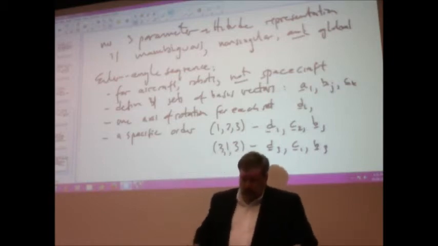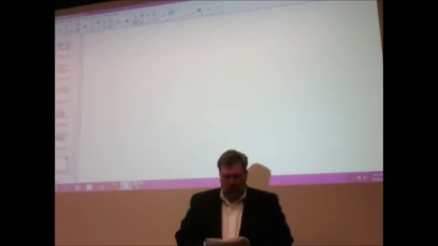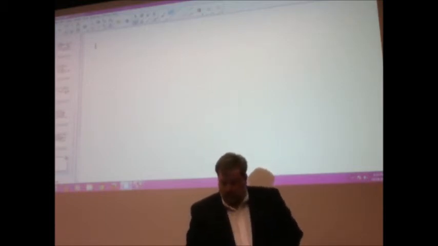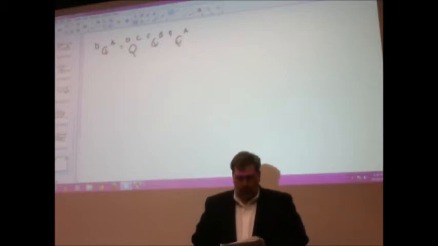During this sequence, you'll end up with a set of rotations. So let's say we're going to go from A to D, okay? So the mathematics of the multiplication, that's sort of the easy part. We're going to have a rotation from C to D multiplied by a rotation from B to C, multiplied by a rotation from A to B. A to B, B to C, C to D. All right, that's the sequence.